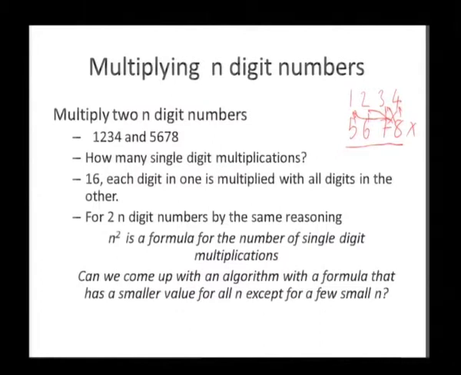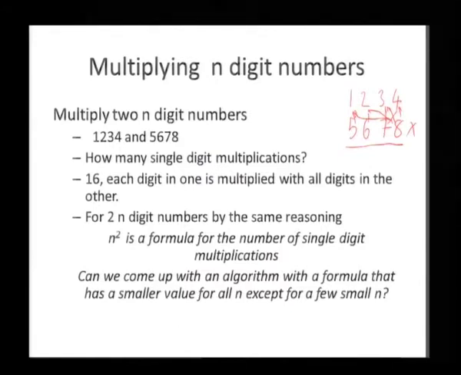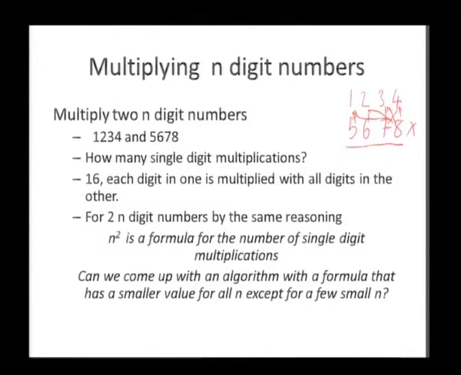In other words, each digit in one must be multiplied with all the digits in the other in the straightforward multiplication method, and therefore, if the two numbers have n digits each, we perform n square single digit multiplication operations. In this example, it is of course 16.